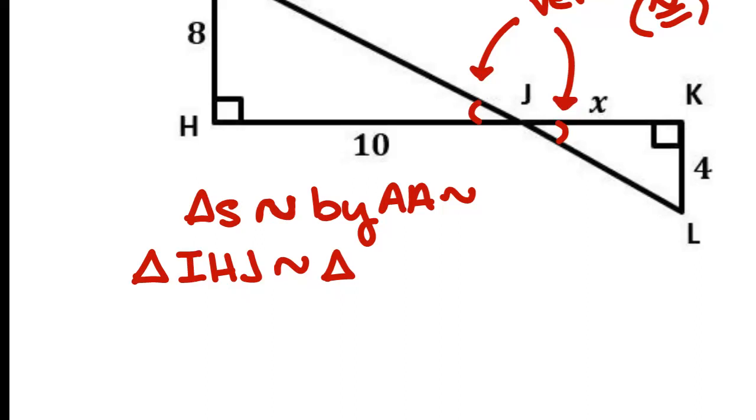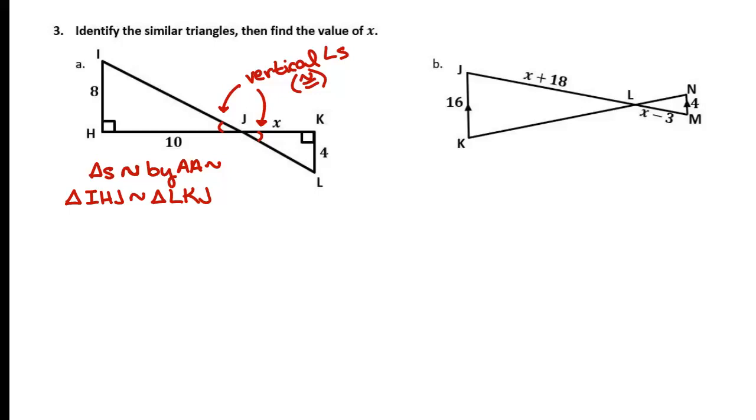L. H has a right angle, which means it corresponds to K. And angle J was my vertical angle, so it corresponds to J. Fantastic.